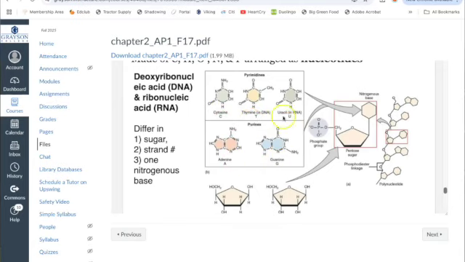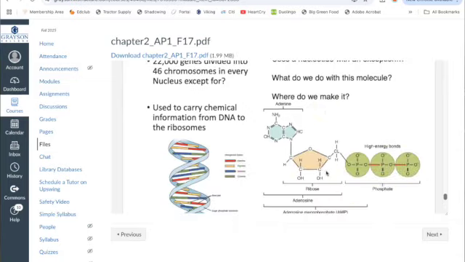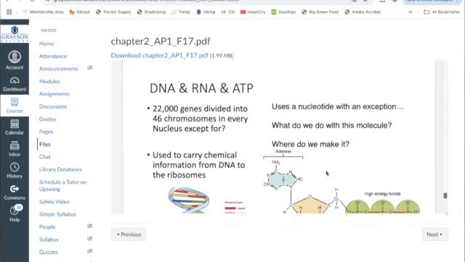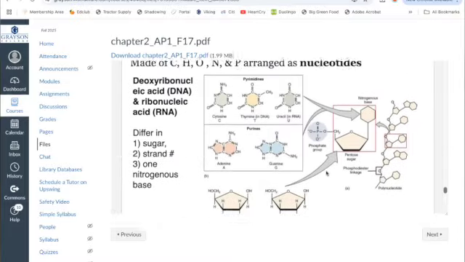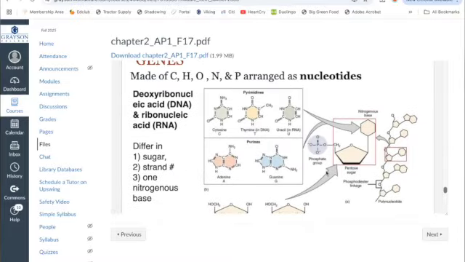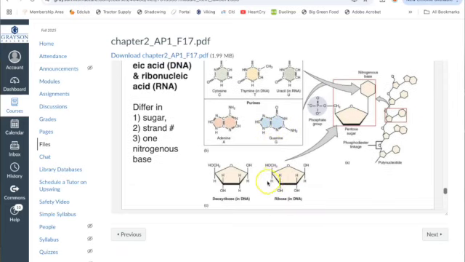Let me see if it's here. So pentose, it looks like a 5 sugar shape. Okay, pentose.